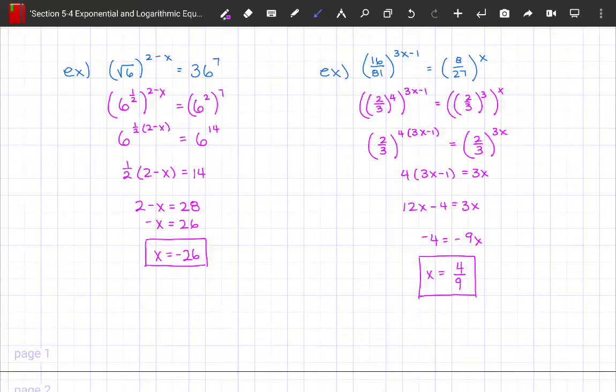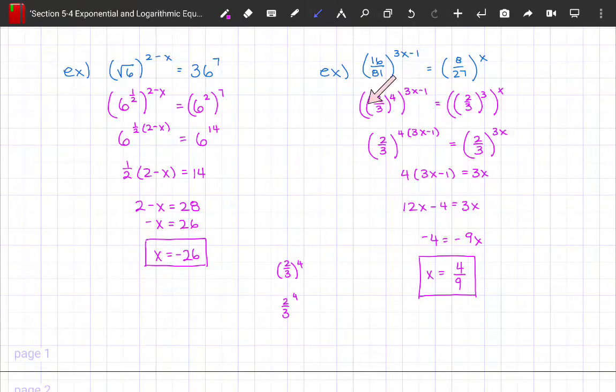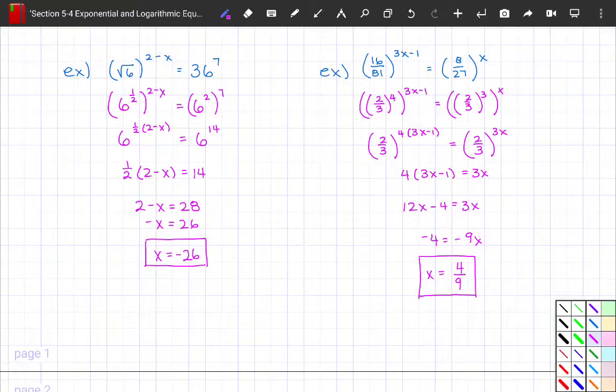If I write (2/3) to the power of 4, we can clearly see the 4 applies to the entire fraction. But if you just write it without parentheses, it actually looks like the 4 is only on the numerator. In fact, that's what that means mathematically. So make sure that you do put parentheses around the entire fraction. If you have questions, you can pause the video and take a look. I think you'll be able to figure it out, but that's the idea behind these.